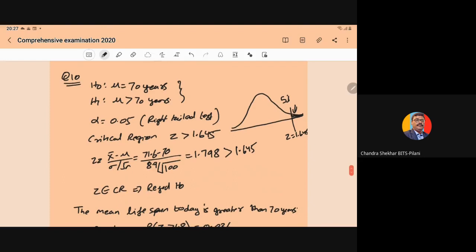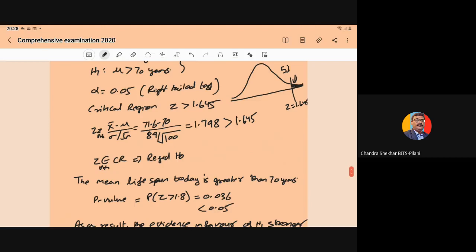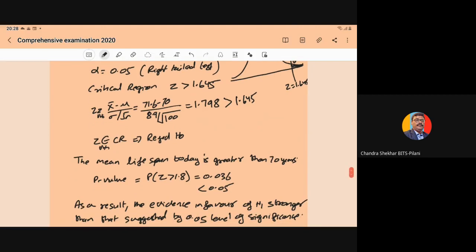So now you can say this z observed from the sample belongs to the critical region. When the observed value belongs to the critical region, then we reject H naught. The critical region is the region where we reject H naught, and we accept the claim, the alternative hypothesis: the mean lifespan today is greater than 70 years.